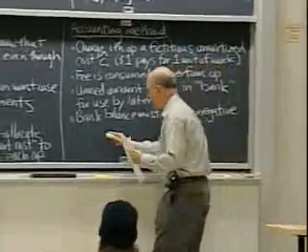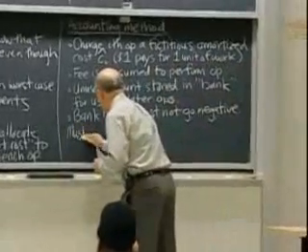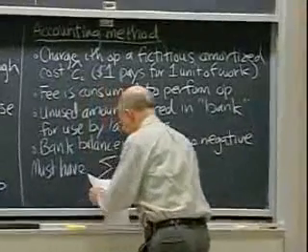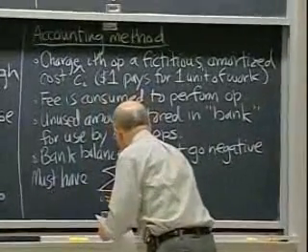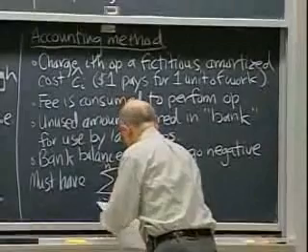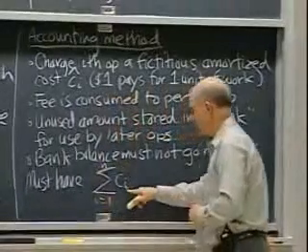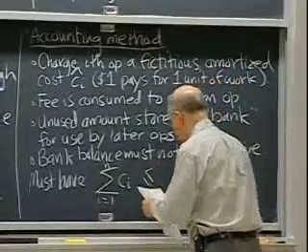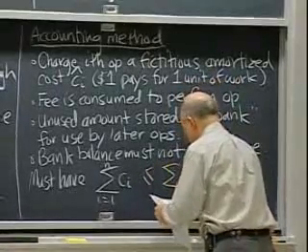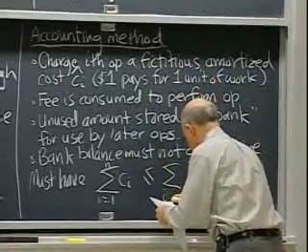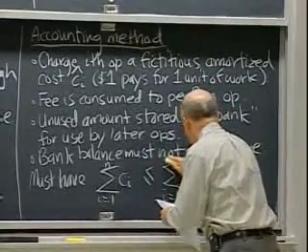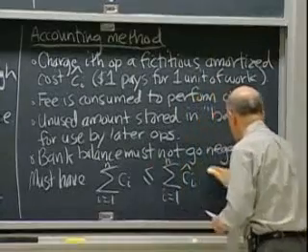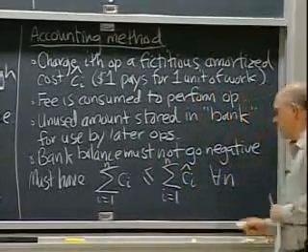So that means we must have that the sum i equals 1 to n of c sub i, the true costs, therefore, if the balance is not ever going to go negative, must be bounded above by the amortized costs for all n.